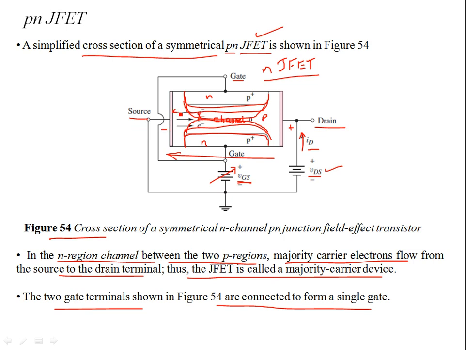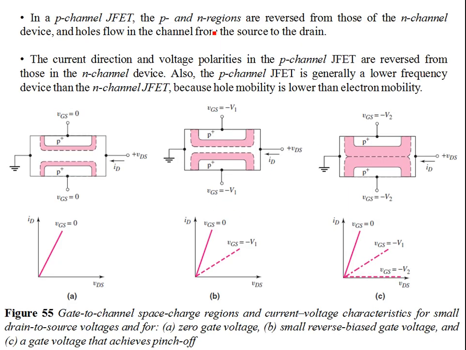So the holes are going to flow from the source to drain. Again, the polarities of VGS and VDS are going to change, and the direction of current is going to change, but otherwise the construction is quite similar. In a P channel JFET, the P and N regions are reversed from those of the N channel device, and the holes now flow in the channel from source to drain.